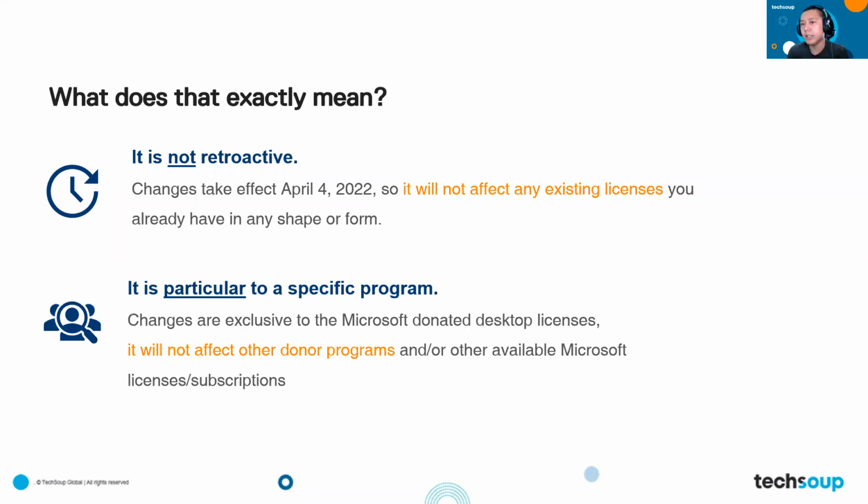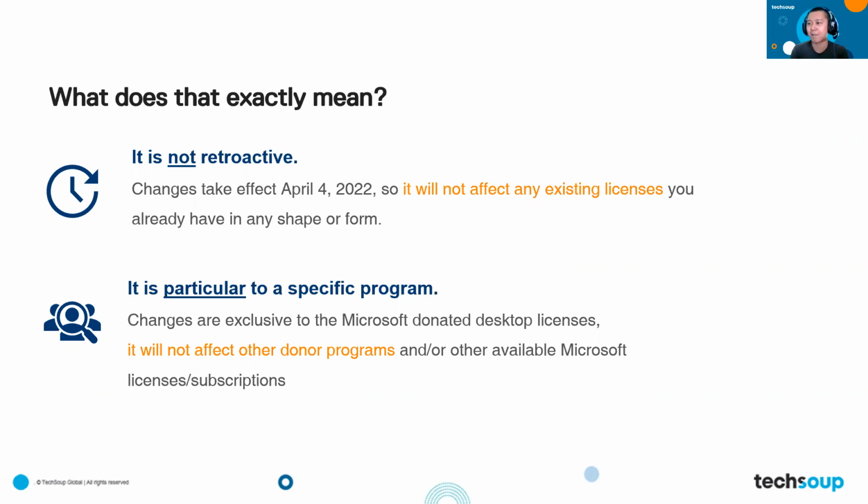Second, another key thing we want to highlight here is that the changes are particular to a specific program. Particularly, it's about the donated desktop licenses for Microsoft. Now, I understand that may not ring a bell immediately. It's still confusing.